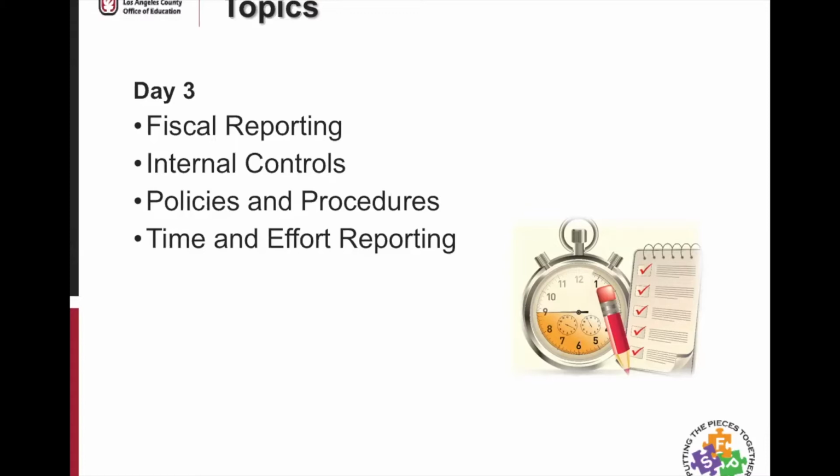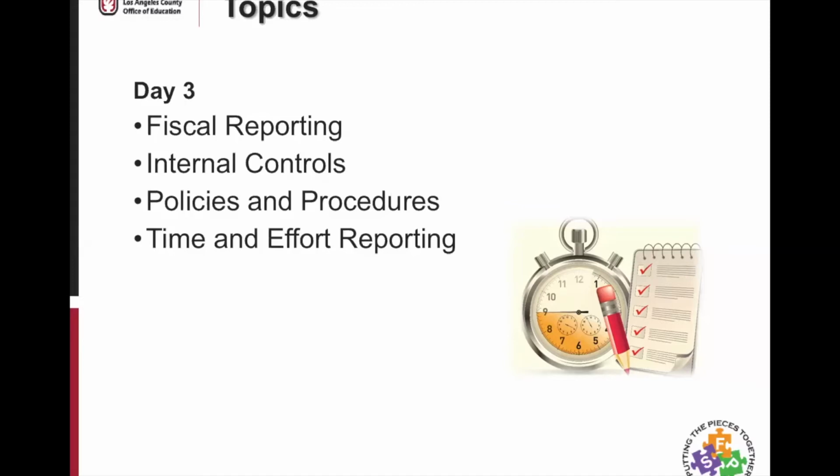We looked at the Uniform Grants Guidance and particularly the cost principles. And now today we're going to be looking at internal controls. We're going to look at reporting requirements, and we're going to end up with policies and procedures. One of those policies and procedures has to do with time and effort reporting. So we'll be looking at that too.